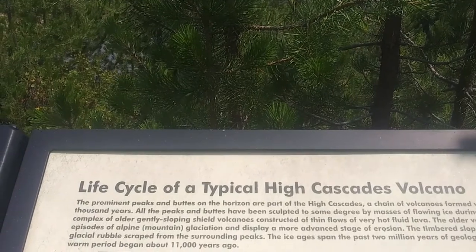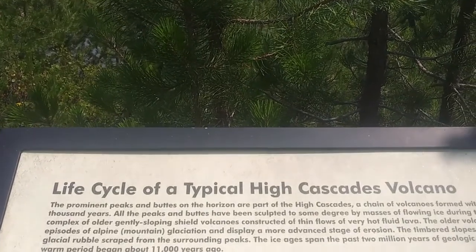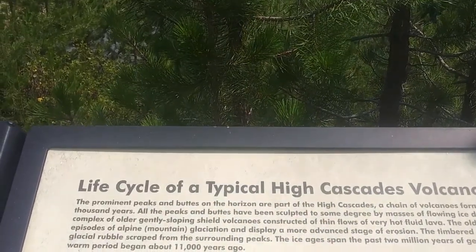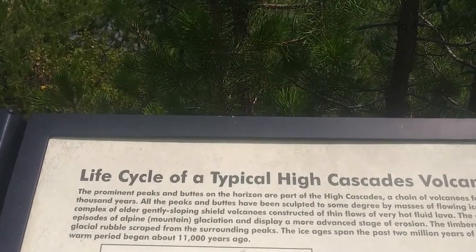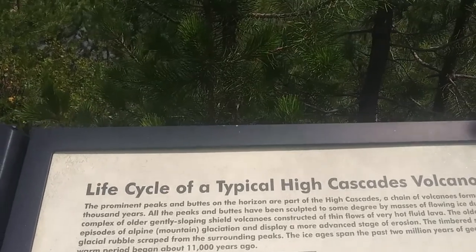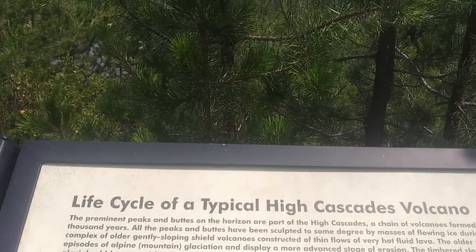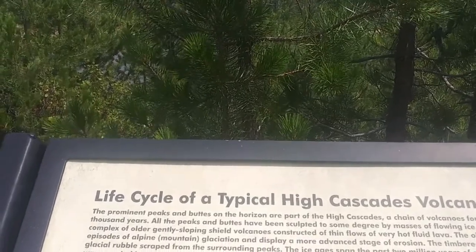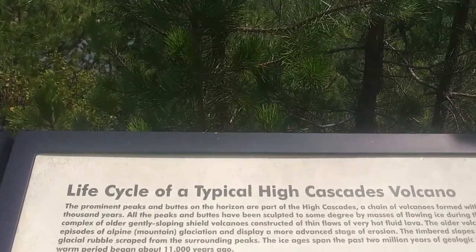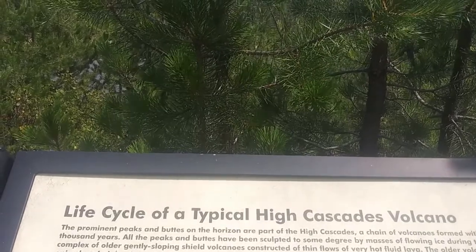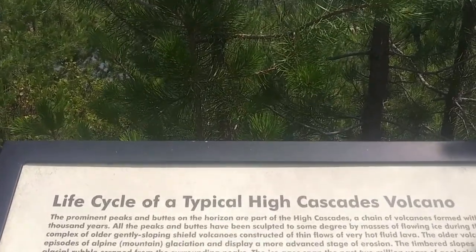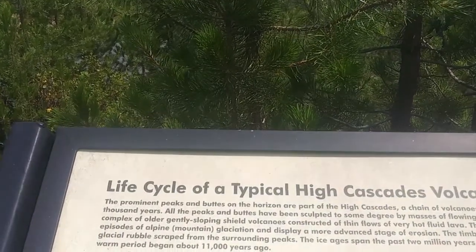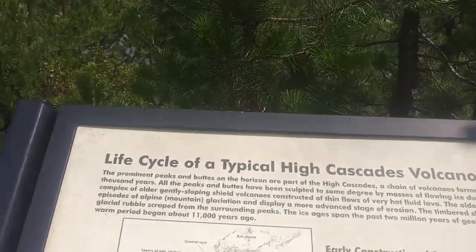They rest atop a complex of older, gently sloping shield volcanoes constructed of thin flows of very hot fluid lava. The older volcanoes have experienced multiple episodes of alpine mountain glaciation and display a more advanced stage of erosion. The timbered slopes and valley floor are covered by glacial rubble scraped from the surrounding peaks. The ice ages spanned the past 2 million years of geologic time, while the current post-glacial warm period began about 11,000 years ago.